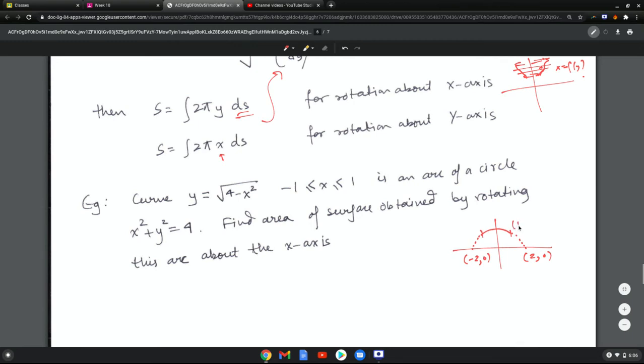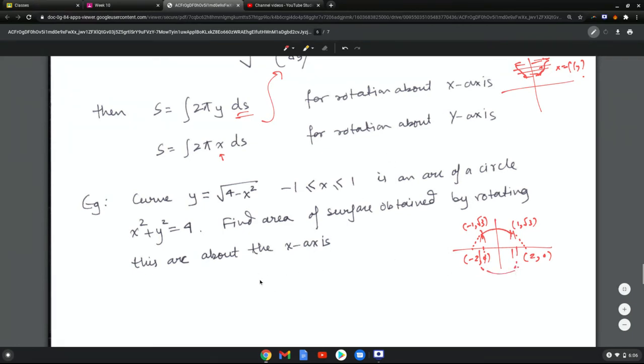At 1, y is root 3, and at negative 1 it is also root 3. Now this surface is rotated around the x-axis. So that's the shape you have.